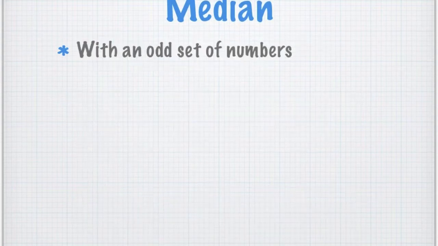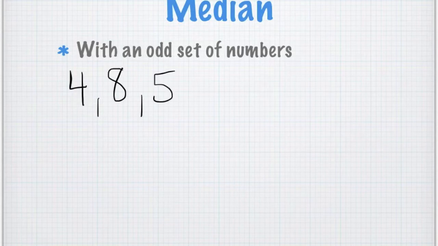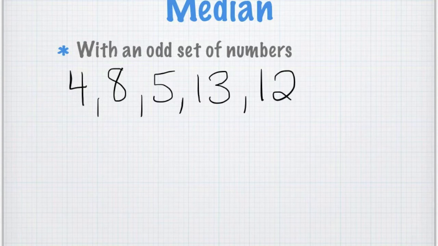So we're going to do an example of median with an odd set of numbers, a series of numbers that is not even. For instance, if we had 4, 8, 5, 13, and 12, we're going to order the numbers from least to greatest.